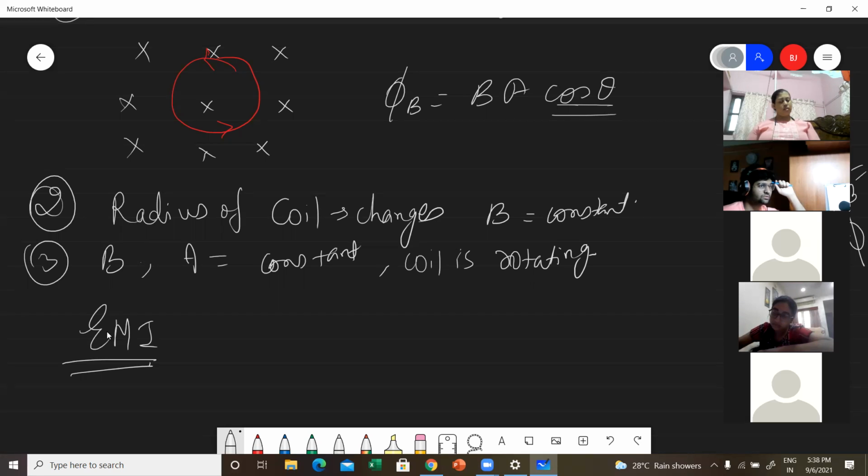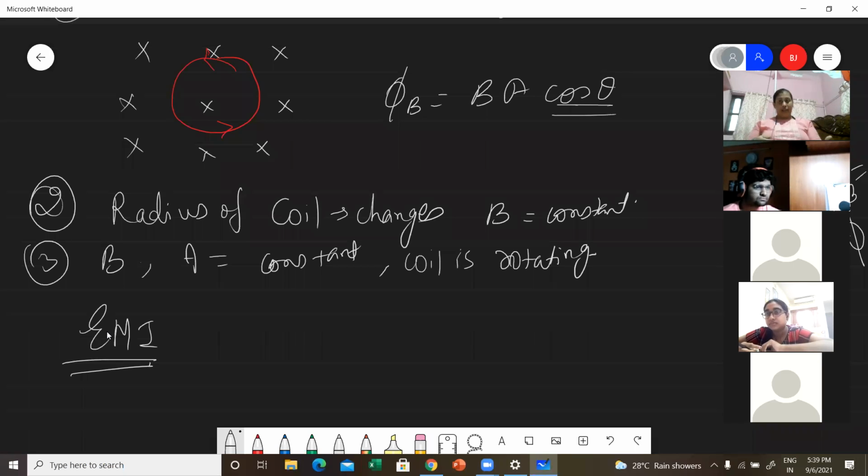Which type of force is it here? It is nothing, just a potential difference, dear. Current is producing, so EMI, that current, is my electromagnetic induction, right?